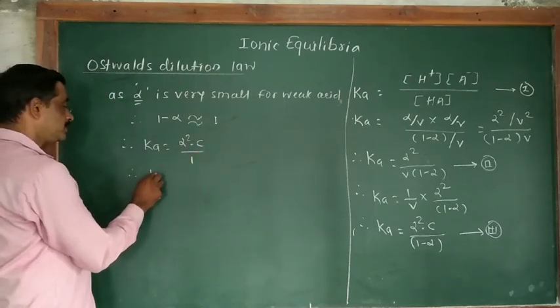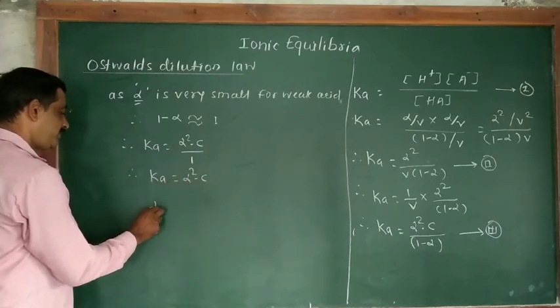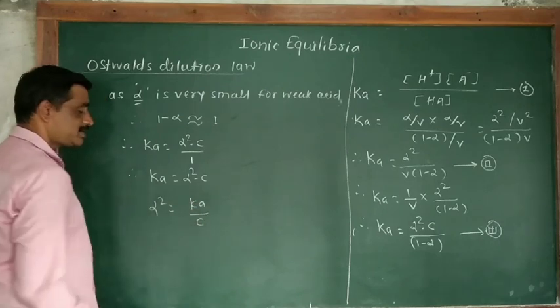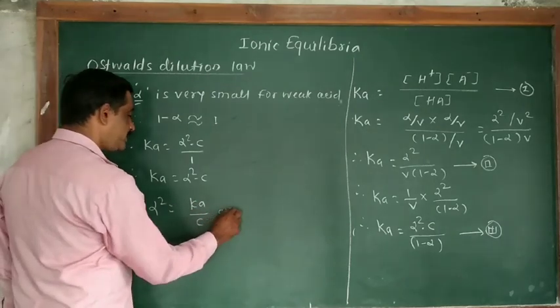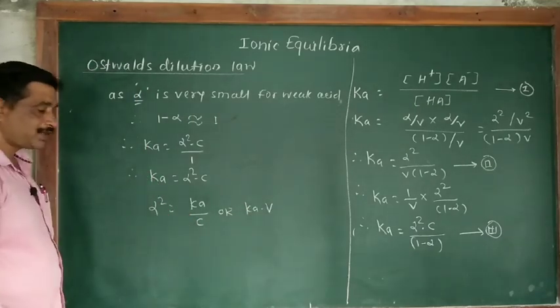Therefore Ka is equal to alpha square C, or alpha square is equal to Ka upon C, or it is equal to Ka into V, because 1 upon C is nothing but the volume.